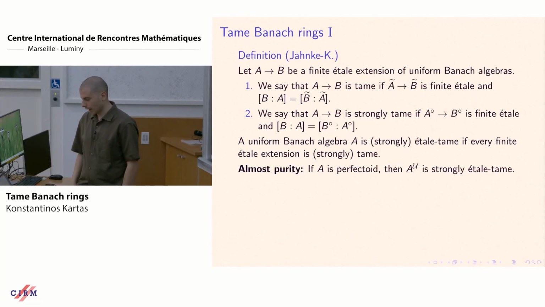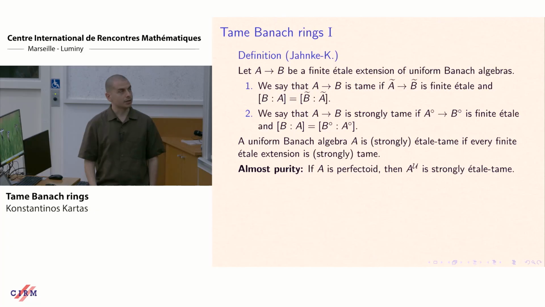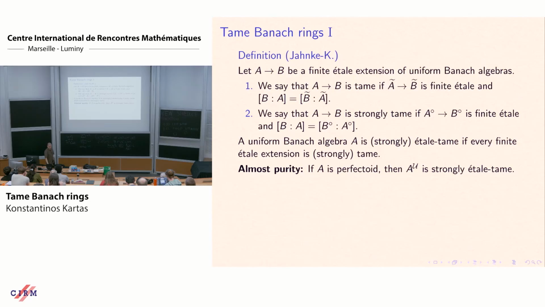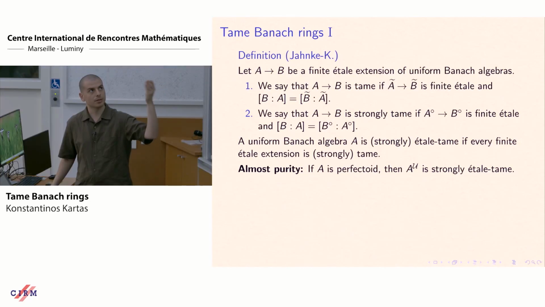And now we can essentially restate what almost purity says in slightly different words. If A is perfectoid, then almost purity says that the Banach ultra power is strongly etale tame.